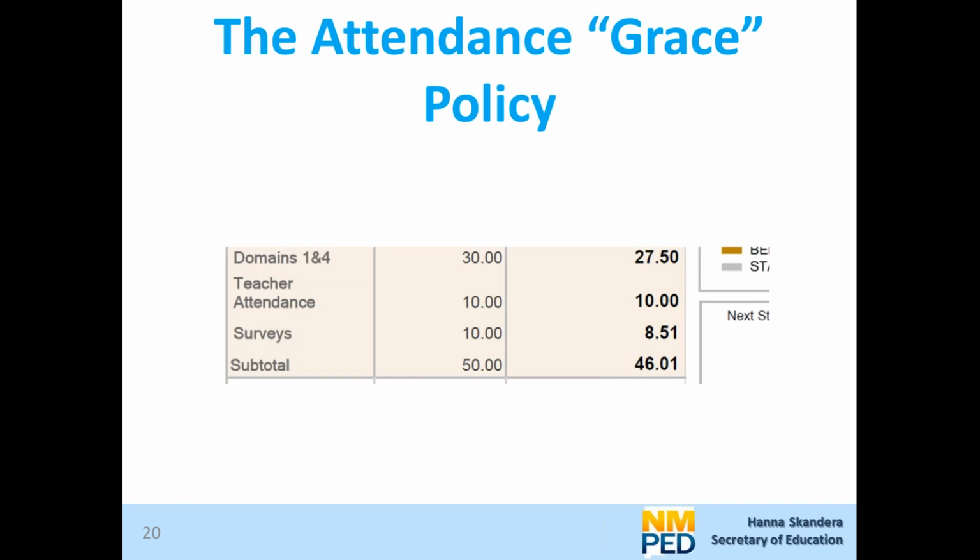And by now you probably are aware of the attendance grace period policy, where a teacher is able to earn 100% of their attendance points if they miss 1, 2, or 3 days of school. However, if they miss more than 3 days of school, then all of the days will be counted against their attendance points.